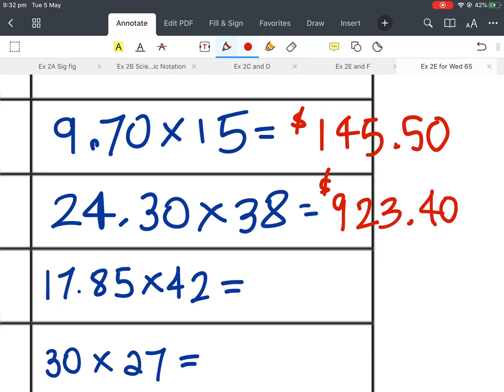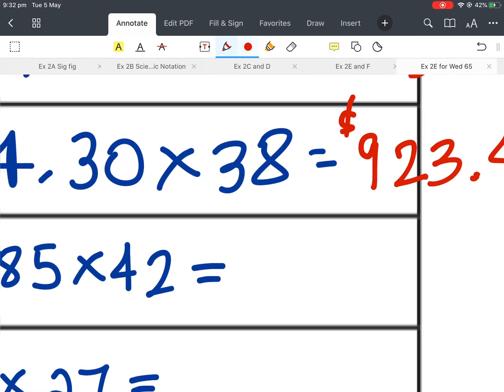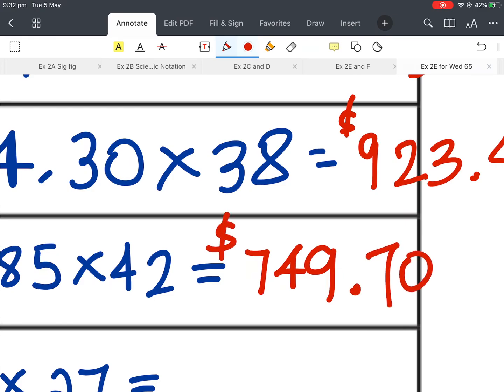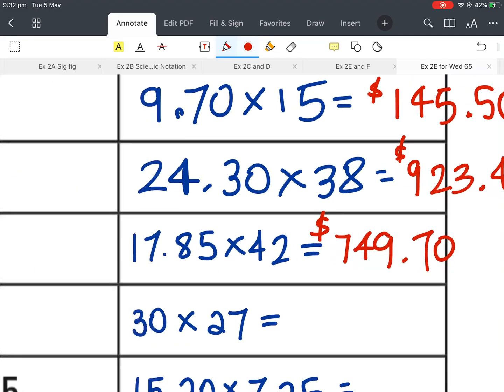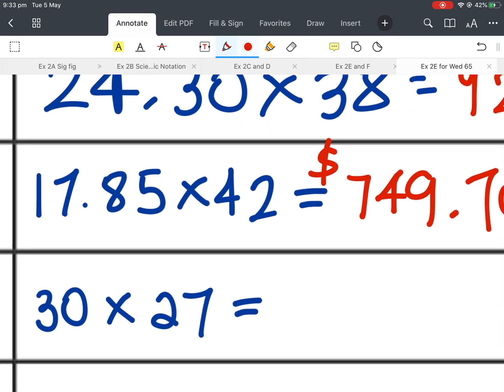Next one, I have to do 17.85 times 42. That gives me 749.7. So that's $749.70. Next one gives me 30 times 27.